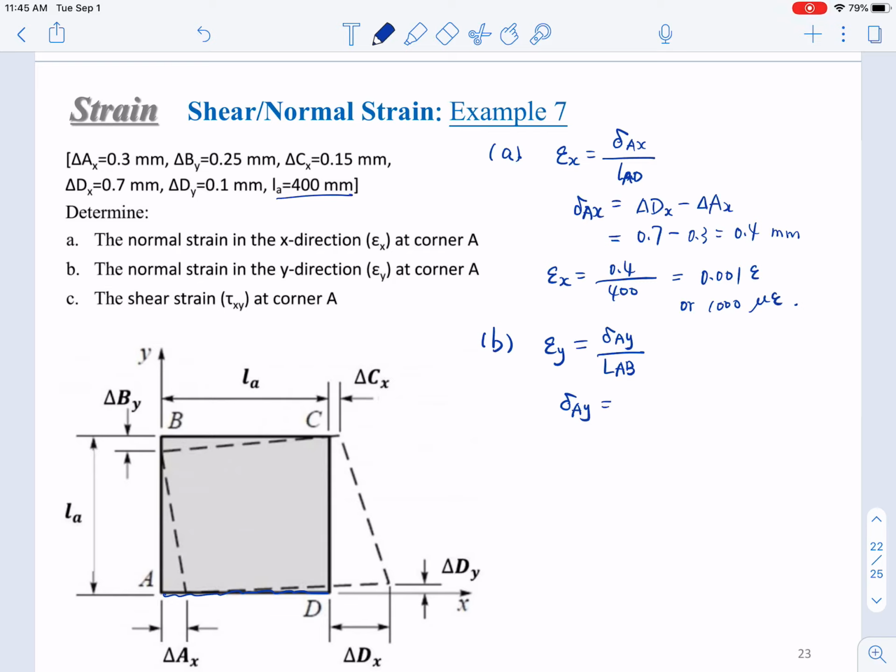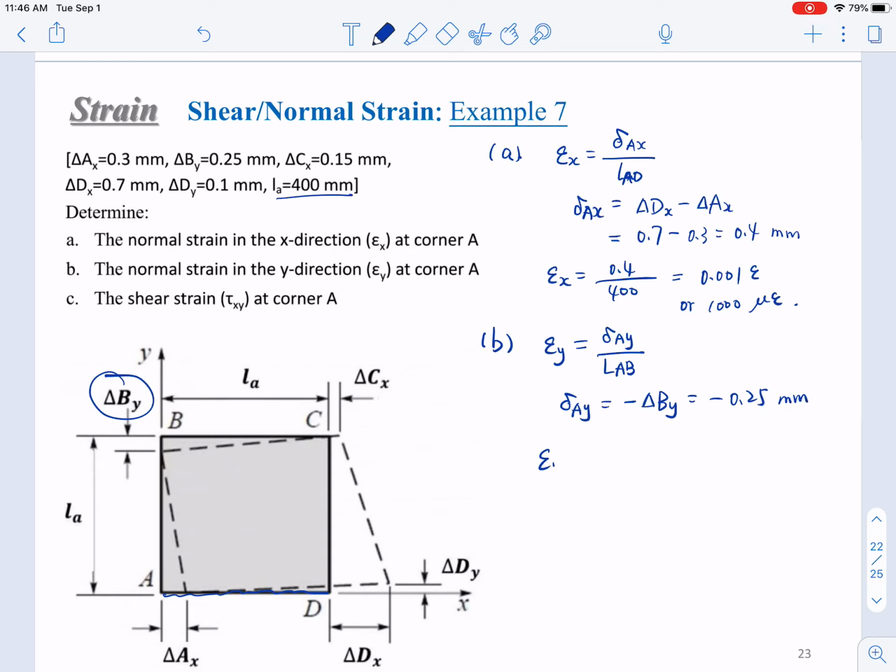The deformation along Y direction is just delta BY, but negative, since it's compressing downward. So this is negative delta BY, or negative 0.25 millimeter.